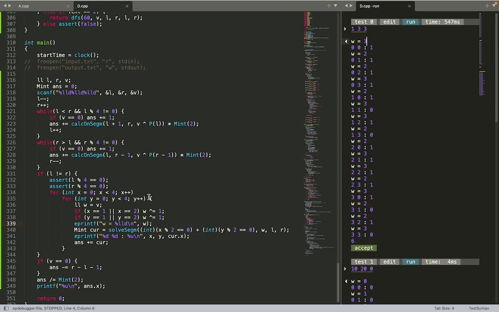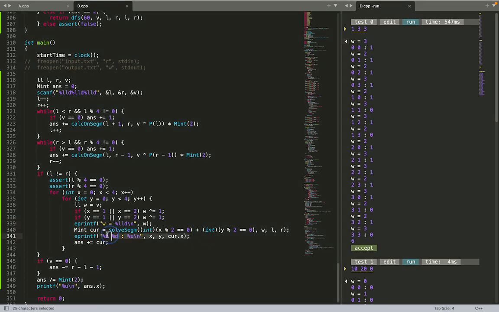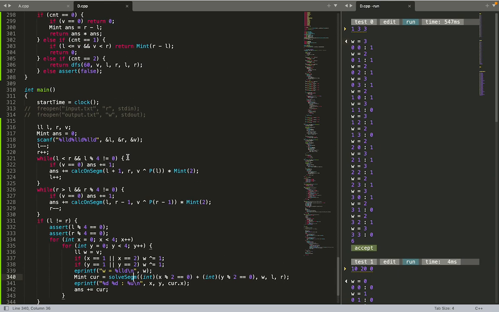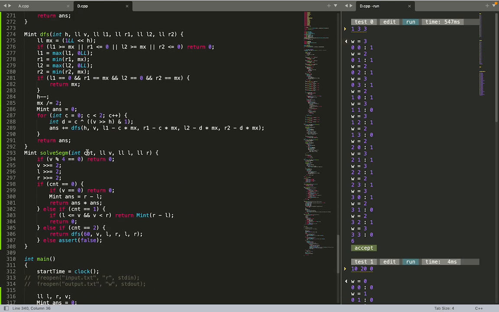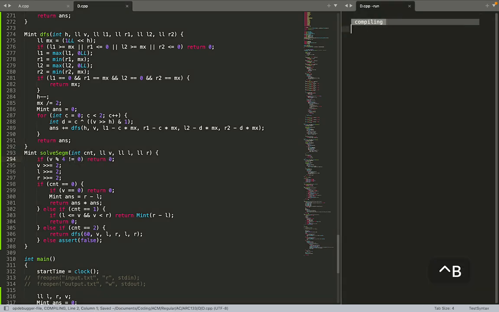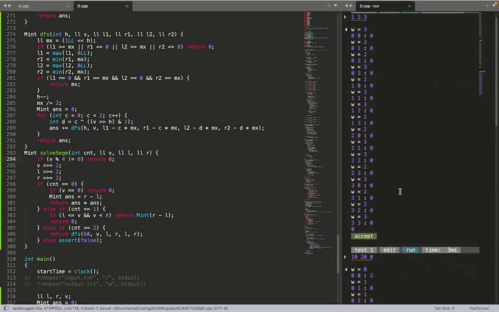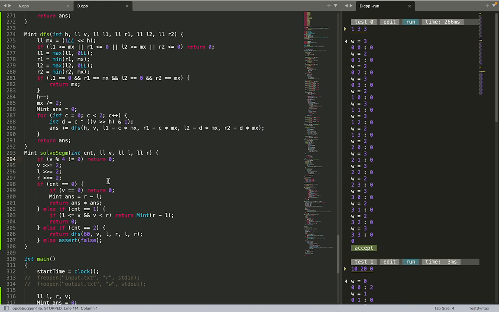It's 3, but I return 1 somehow. Solve second. 2, 3. Oh, if it's not 0, then return 0. And now it's always 0.